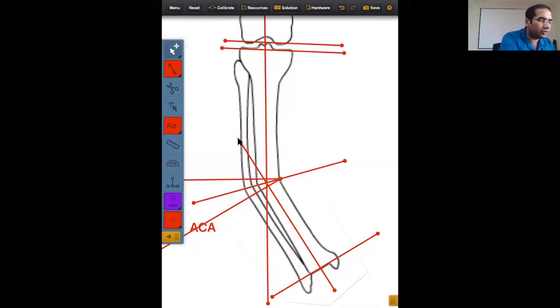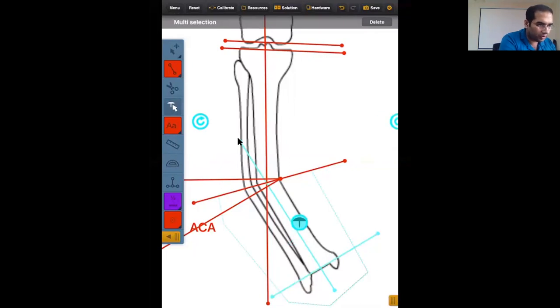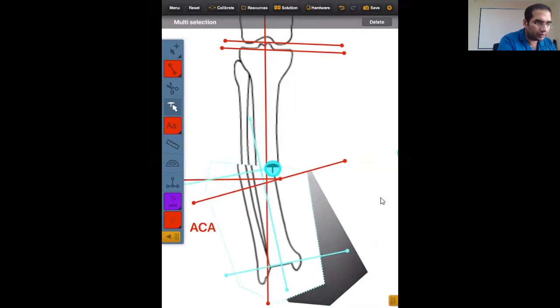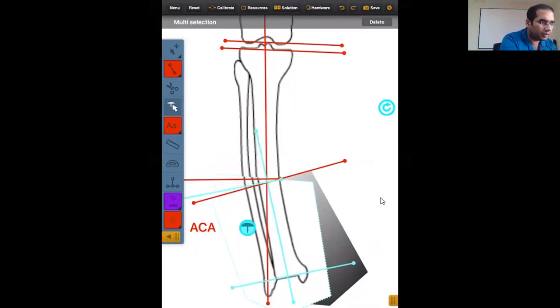Let me demonstrate it to you. So I've selected this line. When this line will overlap this line, the deformity will be corrected. I need to zoom.